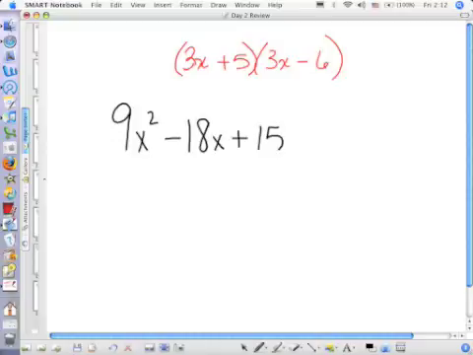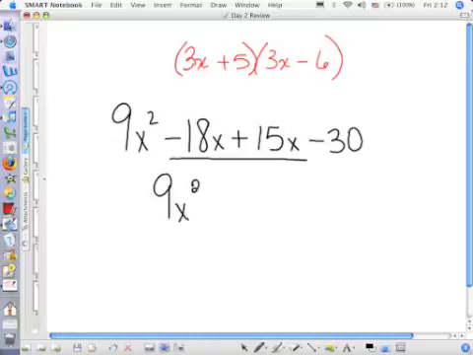And the last terms are 5 times negative 6, negative 30. And 9 times out of 10, those two middle terms are going to be the same, so we need to combine them. And this is what we get. That's your answer, because we were trying to put them together.